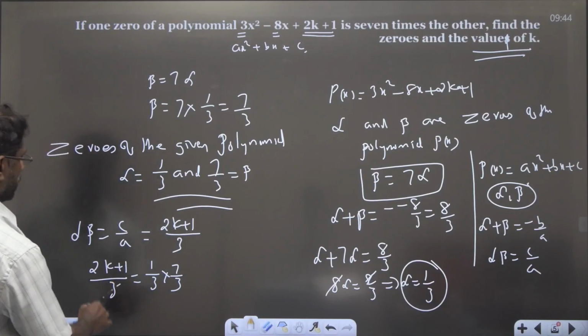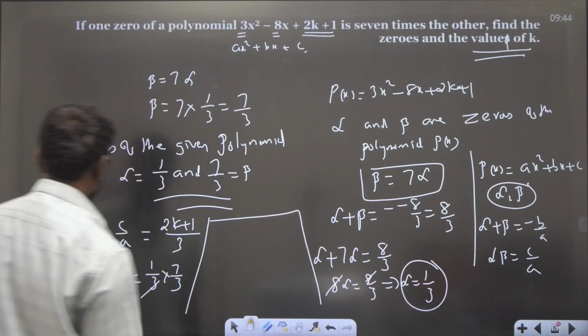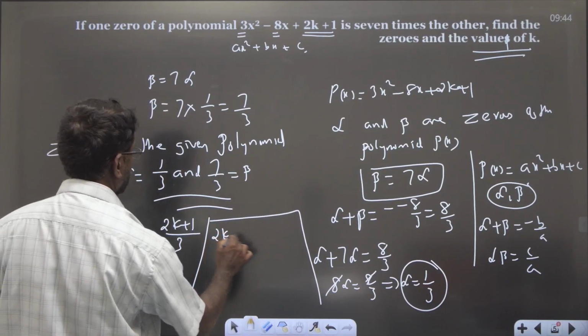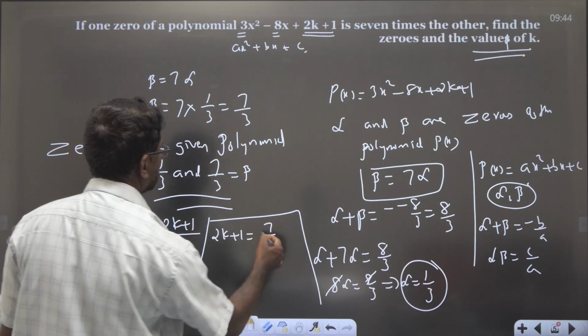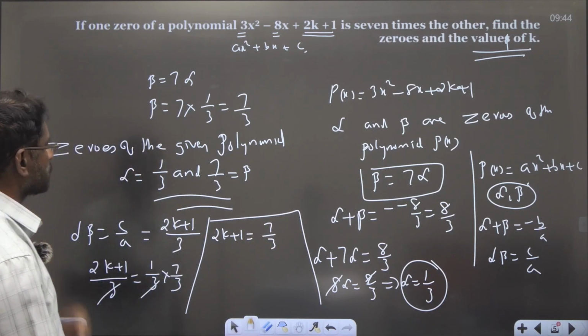The 3s will be cancelled, both being in the denominator. Then 2k plus 1 equal to 7 by 3.